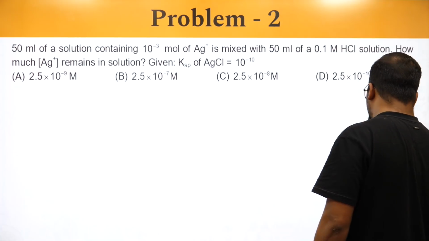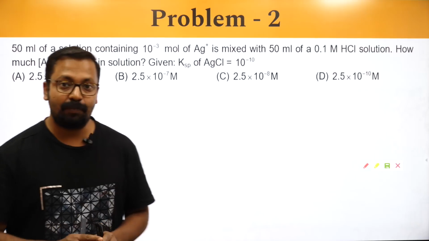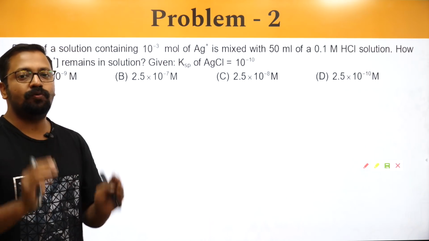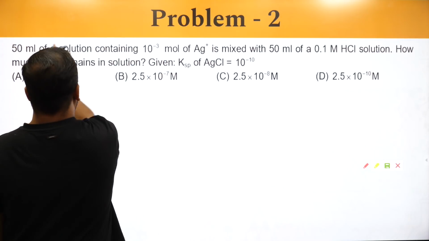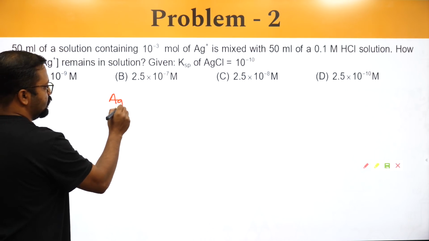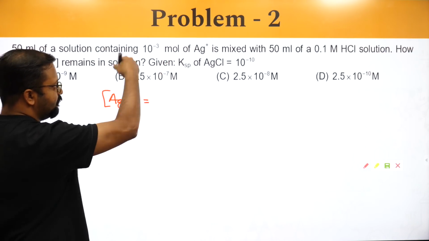So what you need to do is you first need to calculate what is the amount of Ag plus which is present within the solution after you add two things. That means आपने 50 ml इसका add किया, 50 ml इसका add किया. What is the amount of Ag plus? So let's try to calculate the concentration of Ag plus after you mix this.